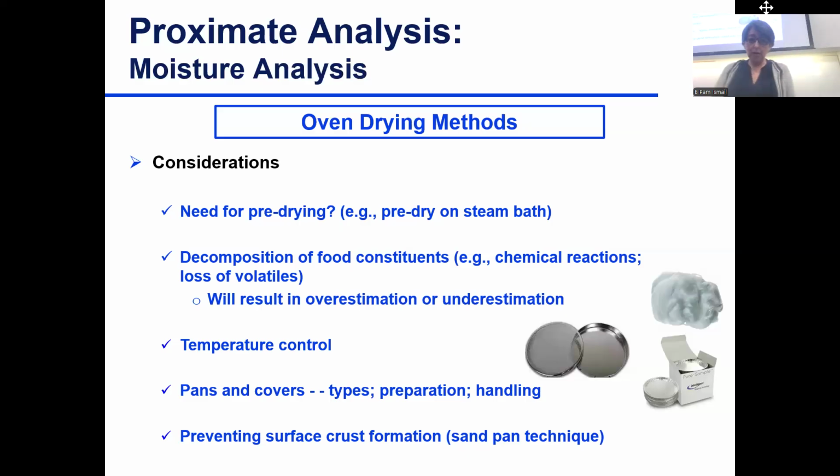So temperature control is important in this case to avoid decomposition as much as you can. You want to make sure your temperature doesn't fluctuate, doesn't become colder, or you will not evaporate all the water, or too hot, which causes more decomposition. It's also important sometimes to have covers or to use glass wool, especially as you did in the forced draft oven, right?